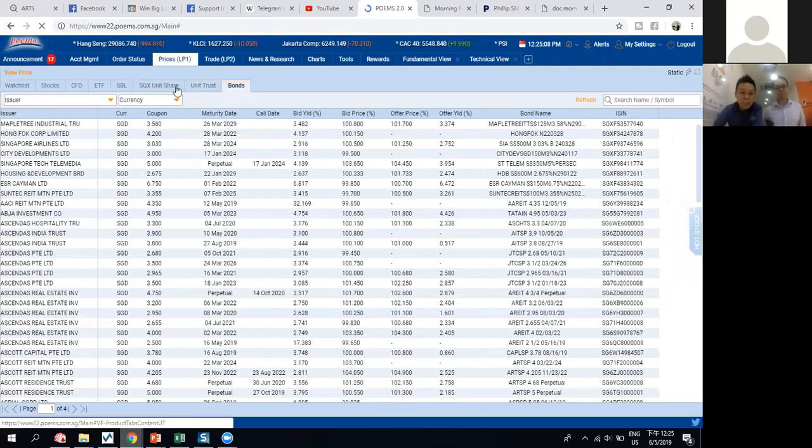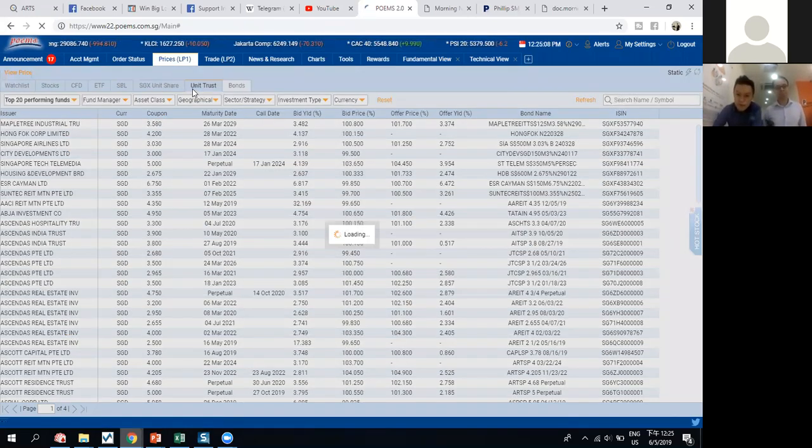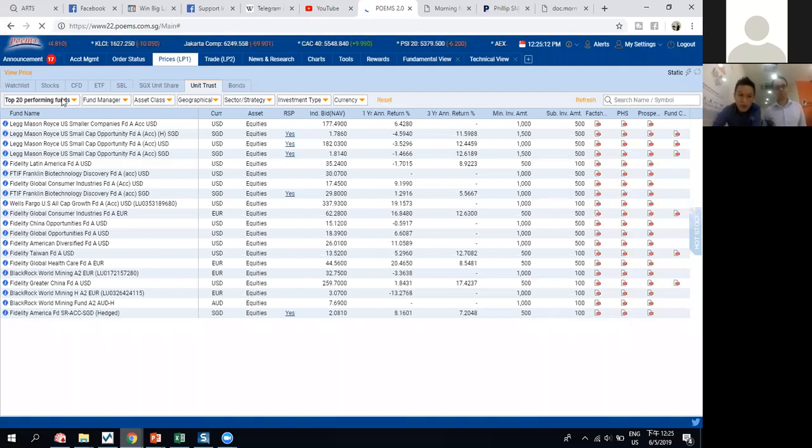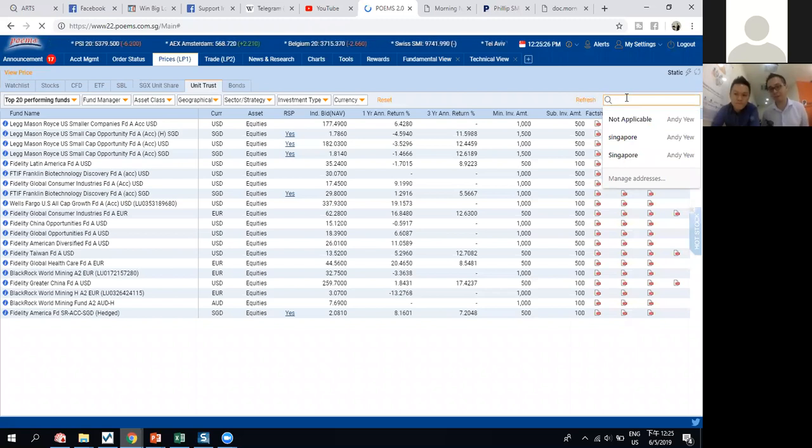So for example, if you are looking at unit trusts, what are the common unit trusts that people usually look at? That really depends on what they are going for. If you are looking for something stable, something safe, then we will look at fixed income.